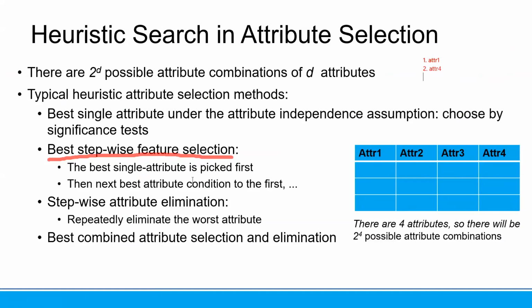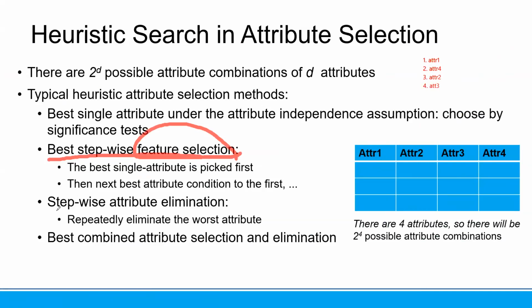Then we select the next best attribute, maybe attribute 2, and then attribute 3, and so on, until we get the performance that we expect. This is the best stepwise feature selection.